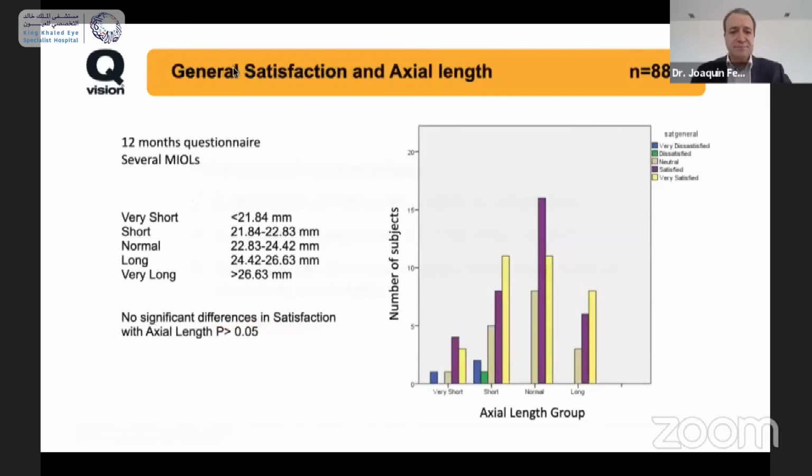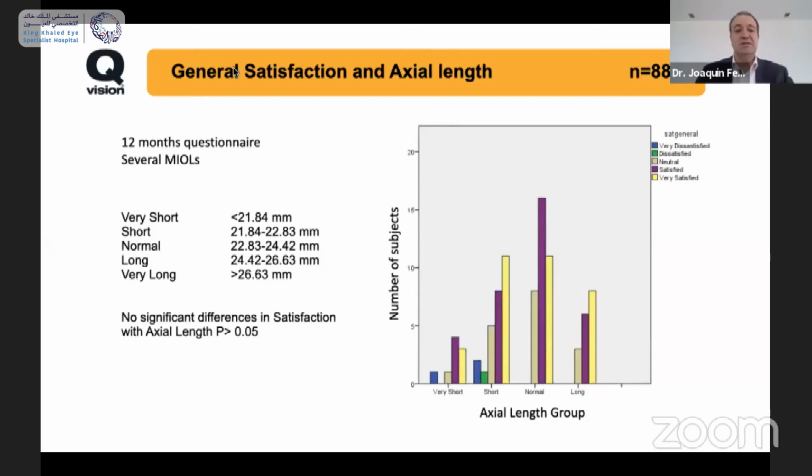Well, we collected our patients, 88 patients, okay? And we tried to see exactly, dividing by axial length, what the general satisfaction is. As you can see here, when we compare very short, normal, and long eyes, we don't have any significant differences in satisfaction.